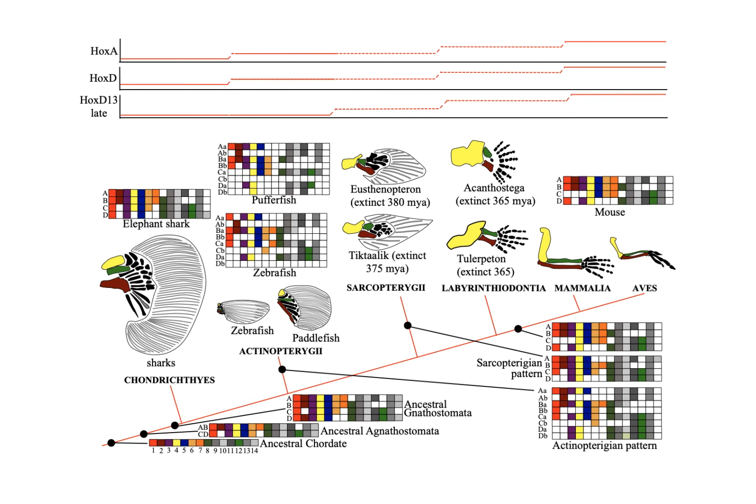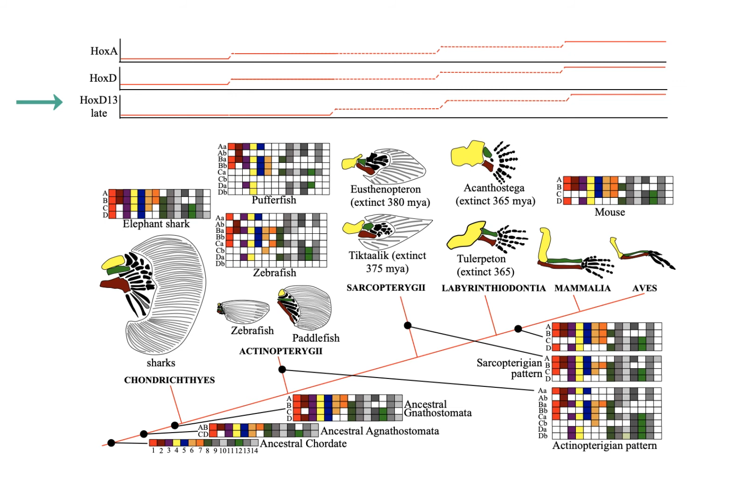As you work up further, the lobe-finned fish have only undergone 2 genome duplication events, as have mammals and birds, and you can see the different patterns in each one of those to form each of the different body types. On the top, you can see the changes in some of those Hox genes.